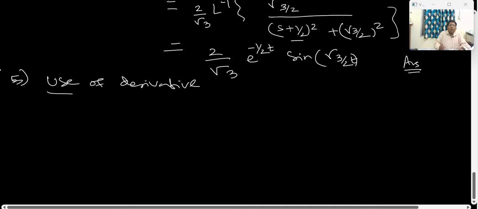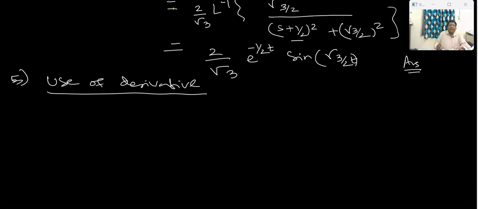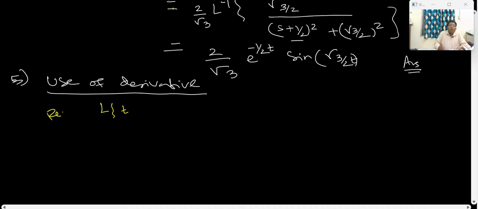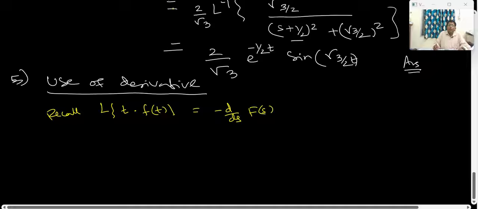If you recall, I have already told you in the formula table, t sin omega t like that. You know, L of t f(t) is minus d by ds F(s). You should use it.